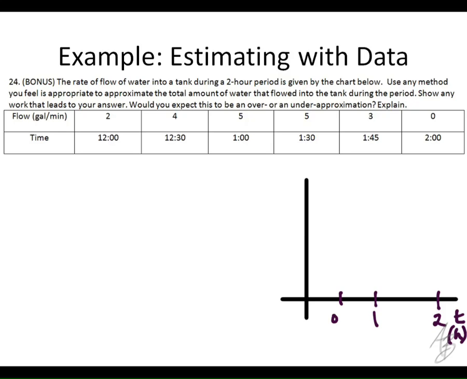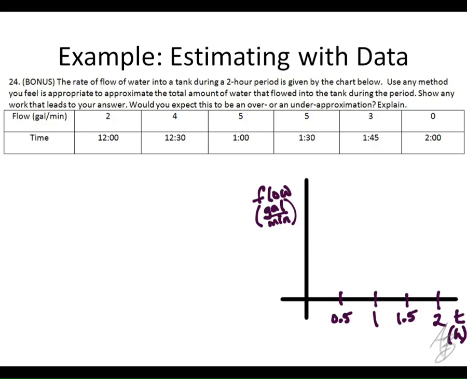And so 0.5 would be 12:30, 1.5 would be 1:30, and so on. And then I'll graph the rate along the y-axis. So we'll call that flow in gallons per hour. I think it was gallons per minute. It's going to be important.